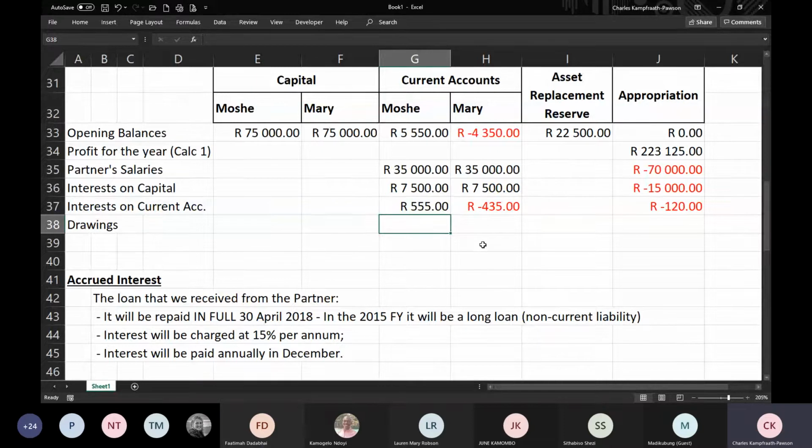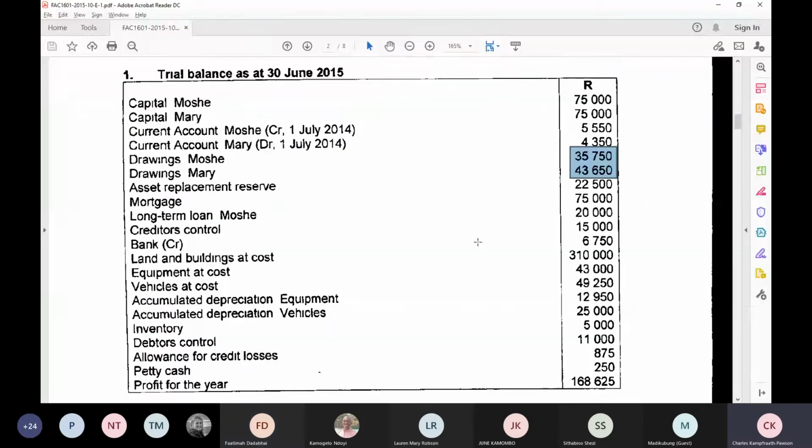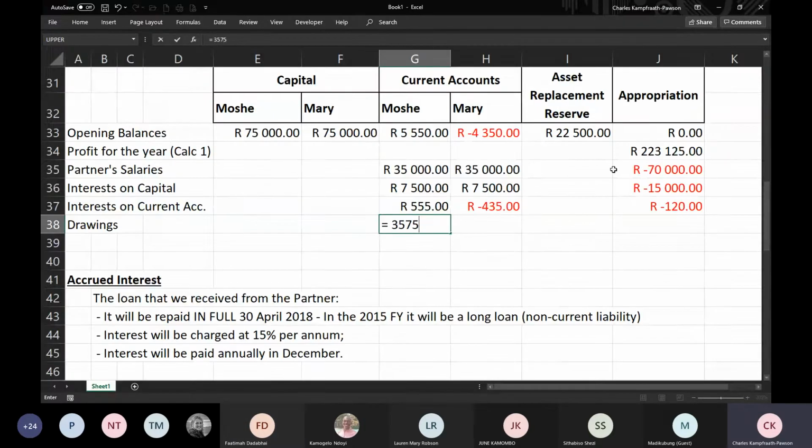We should have debited the drawings account and not the salaries and wages account. So now we are correcting that by saying it is their drawings as given in the information, the 35,750, plus what they've already taken, which was incorrectly debited to the salaries and wages. Everybody happy?